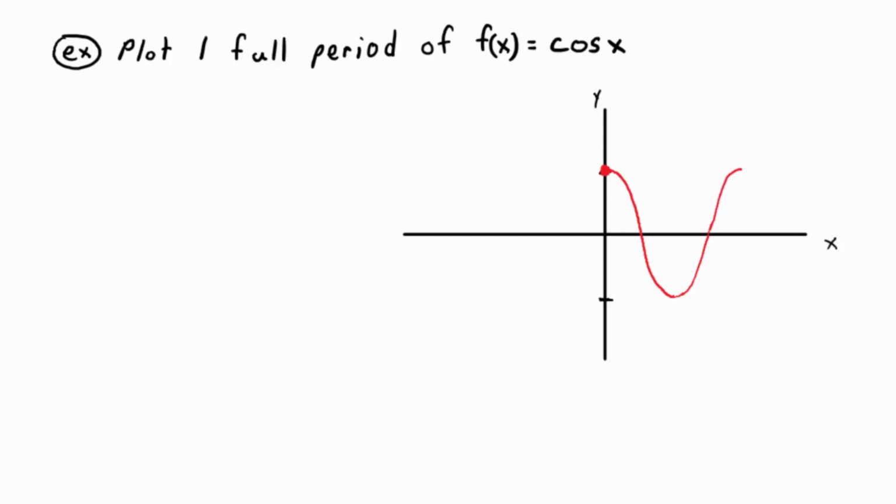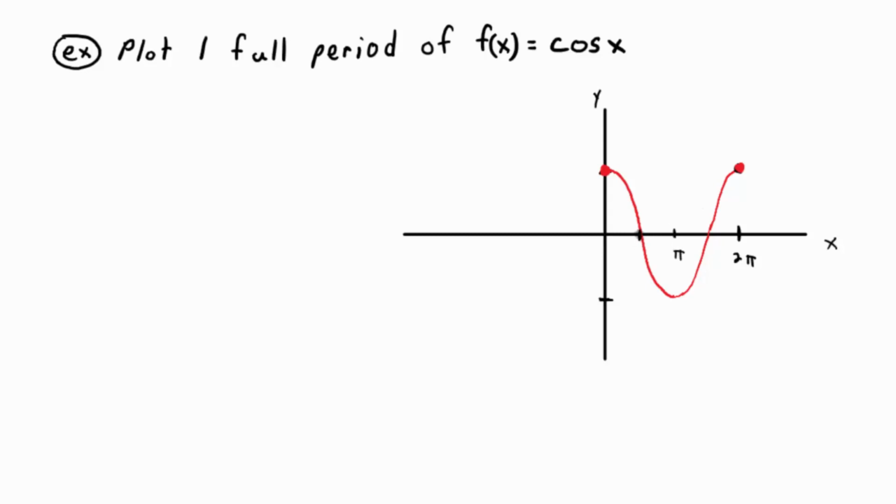Okay, so the period's the same, so I'm going to label this hash mark underneath the second crest first. And that would be the period of just the basic cosine function, which would be 2 pi. And again, I'm going to split that period into quarters, just like I did for the sine, which makes this halfway mark pi.